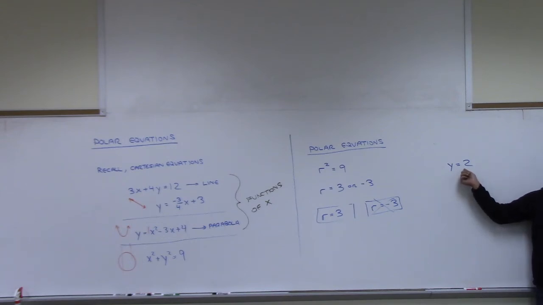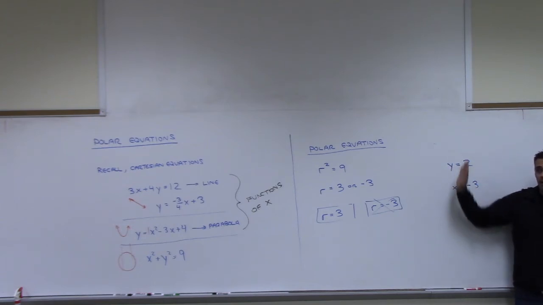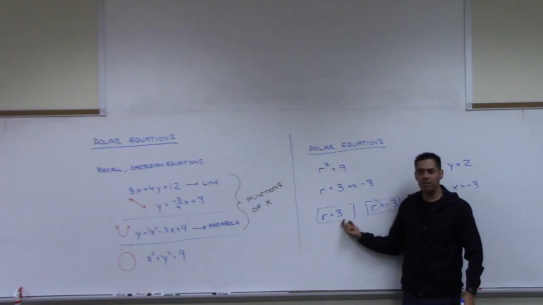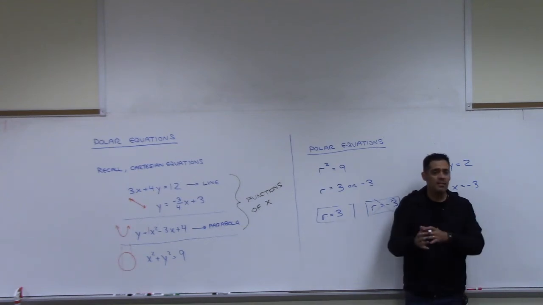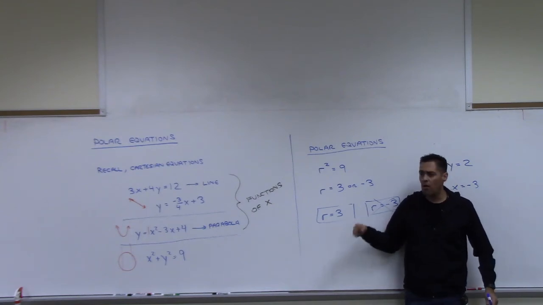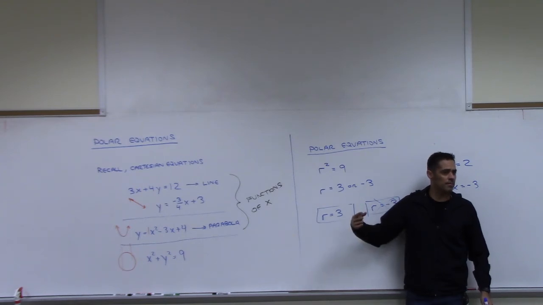And it just draws the whole line. Or if I write x is equal to negative 3, it's going to draw a vertical line, right? So when I'm here in polar and I write r equals 3, the theta is allowed to be anything. So this is just going to draw all the points that have a radius 3, which is going to draw the whole circle, isn't it?